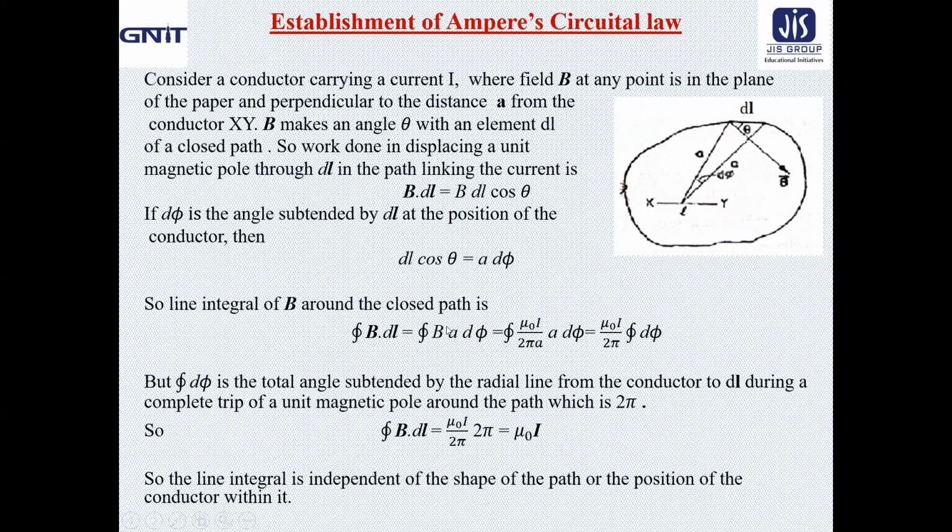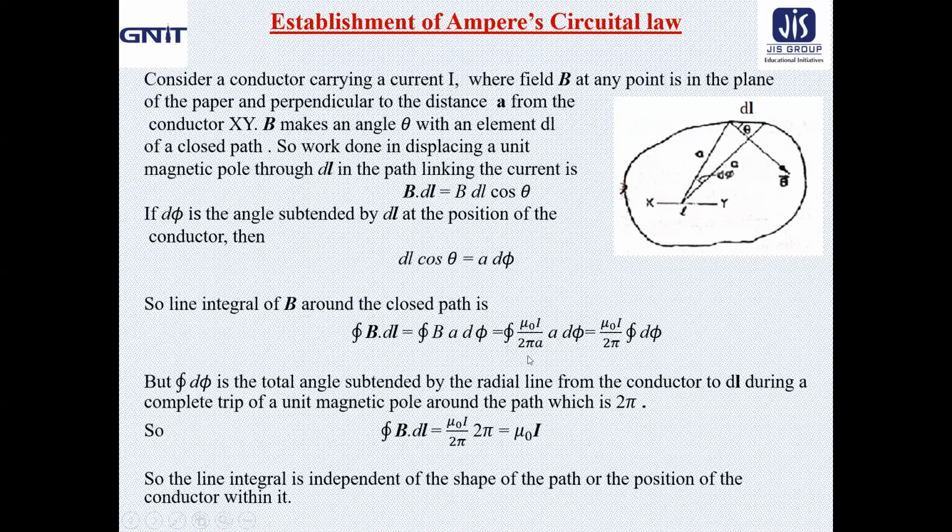Now what about the value of B? B is nothing but the magnetic field produced by the current I at a distance a from it. According to Biot-Savart's law, the expression is mu naught I by 2 pi a. So this is the magnetic field produced at some point due to a conductor carrying current I at a distance a from it.